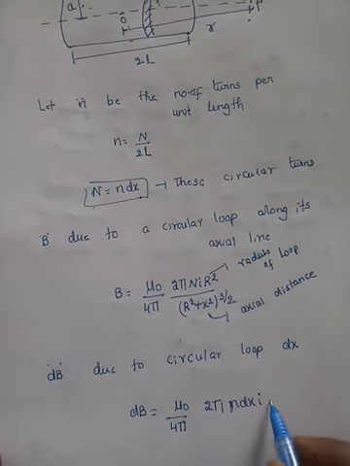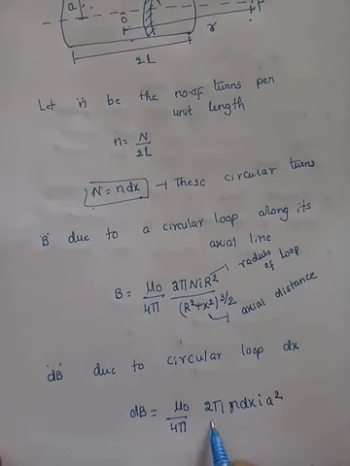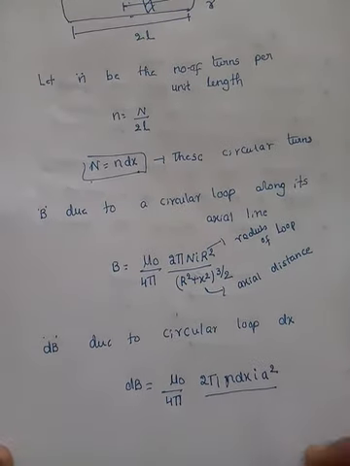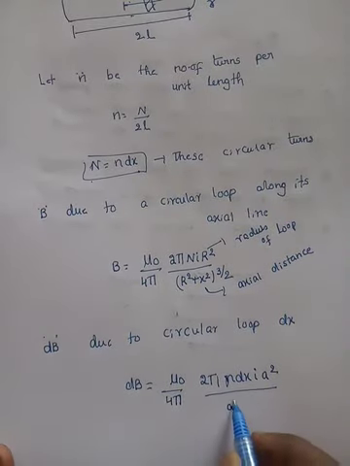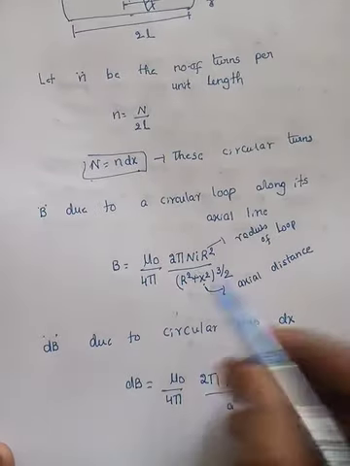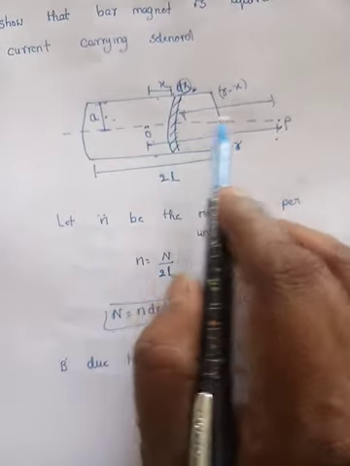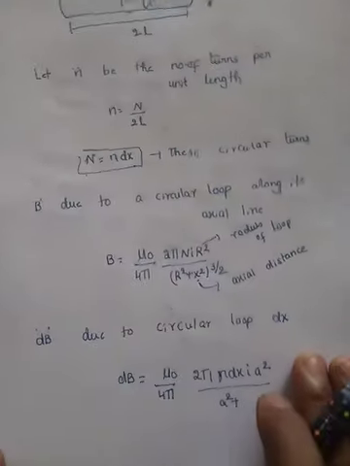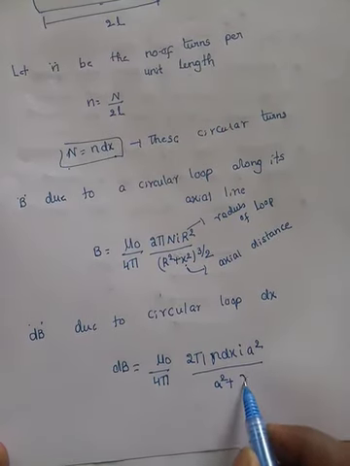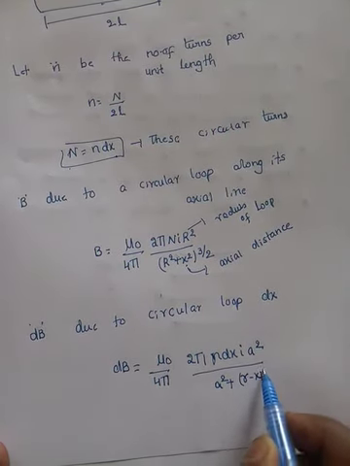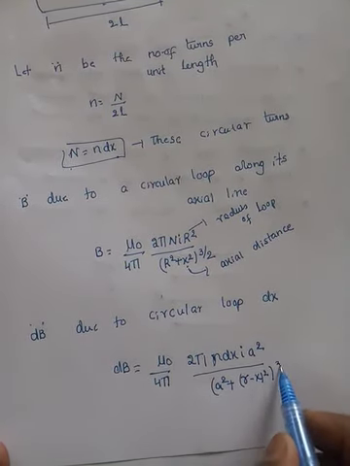So r square is represented by a square. Again the axial distance, the distance from the circular loop to point P, is r minus x, whole square whole power 3 by 2.